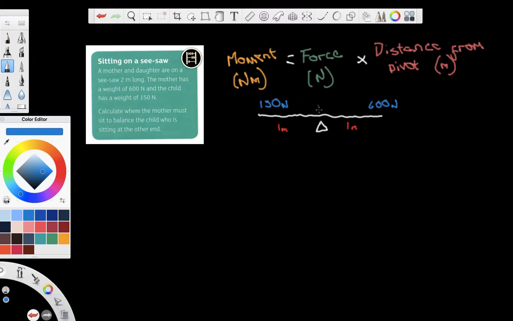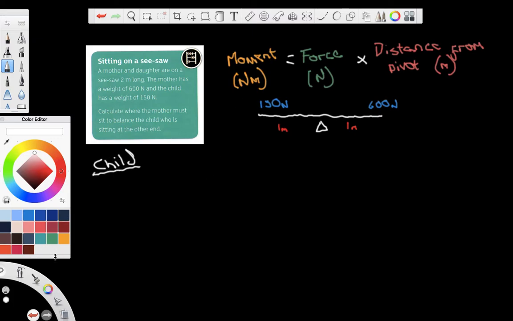So the first step is to calculate the child's moment. We need to do 150 times 1. So first of all we'll work out the child.